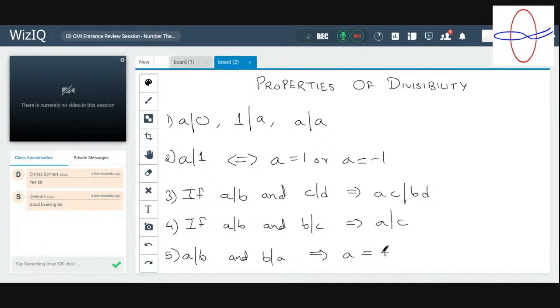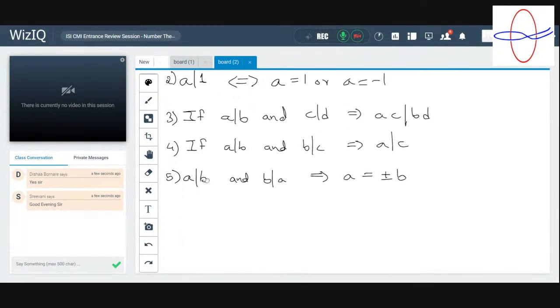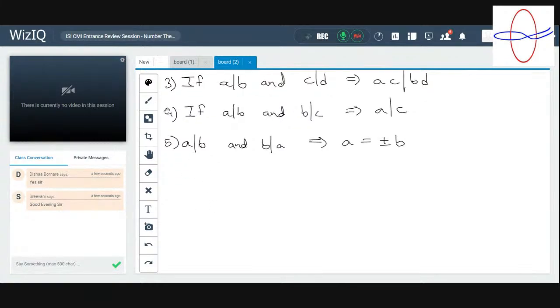That is to say, A is equal to plus or minus B. And one last thing, if A divides B and B is not equal to 0, then the modulus of A is always less than or equal to the modulus of B. So a number whose modulus is larger than another number cannot divide that number.